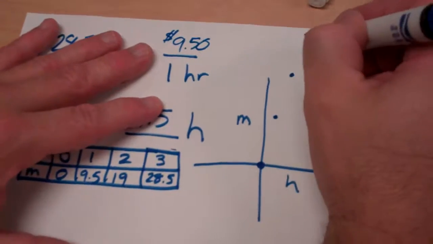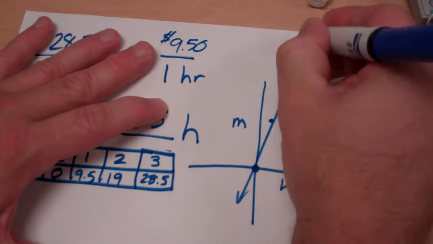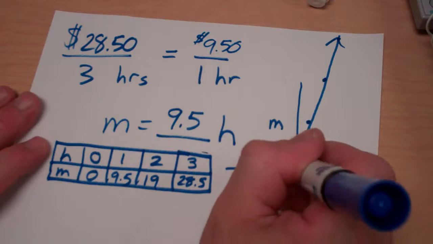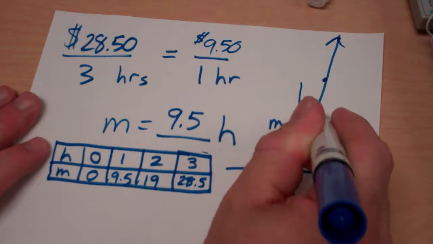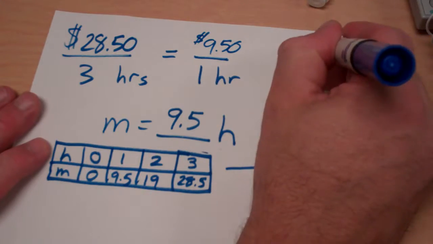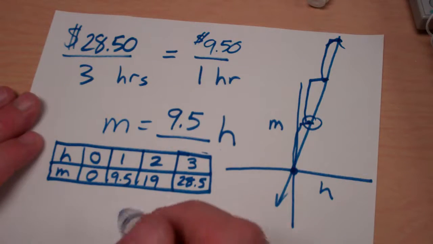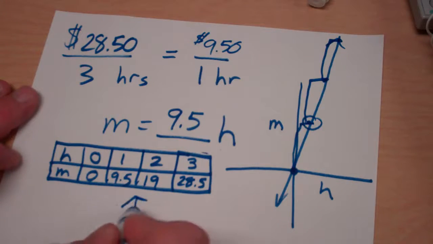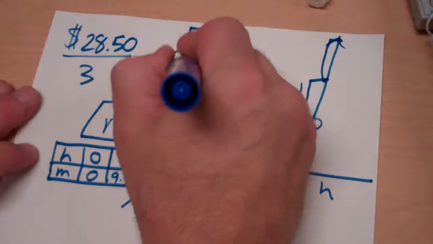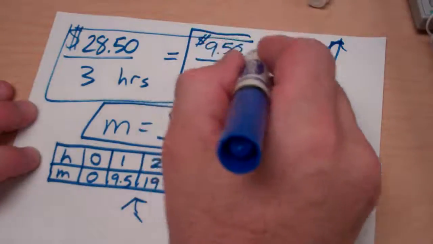And if you graph that properly, it would be going through the origin, 0, 0. Here's your constant of proportionality. 9.5 for every hour, up 9.5 for every hour, up 9.5 for every hour. So here's what it looks like as a graph. Here's what it looks like in a table. Here's what it looks like as an equation. Here's what it looks like as a unit rate. And the whole thing then would be as a proportion.